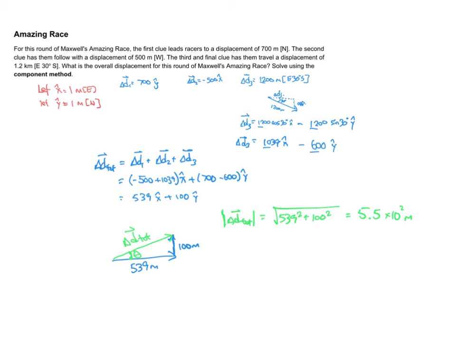Okay, and now the angle will be the inverse tangent of opposite over adjacent, so 100 over 539. Okay, getting 11 degrees here.